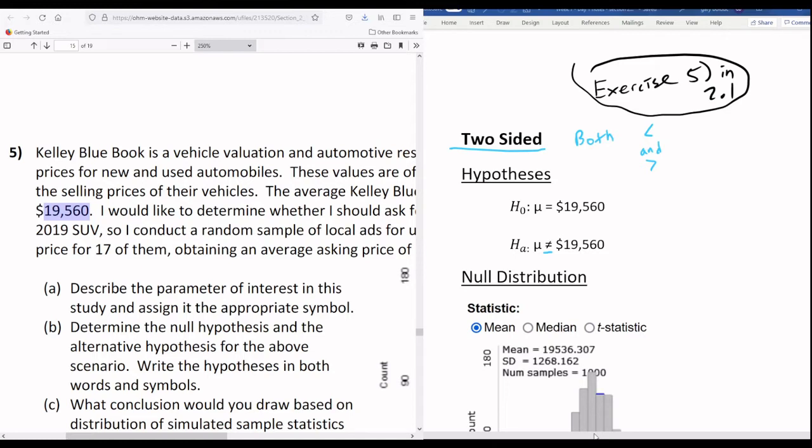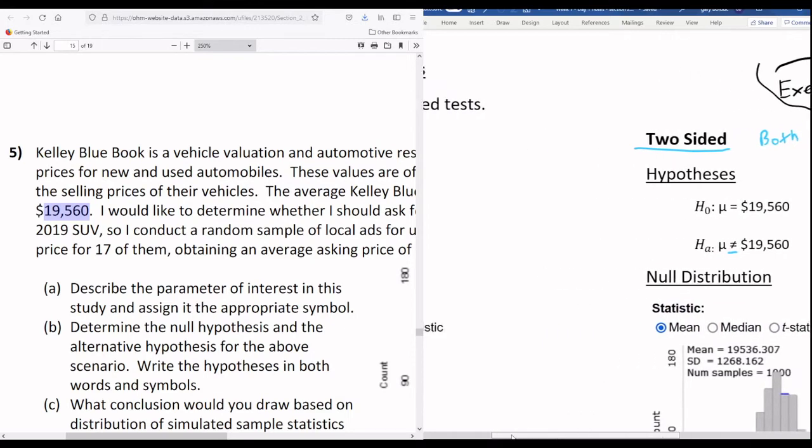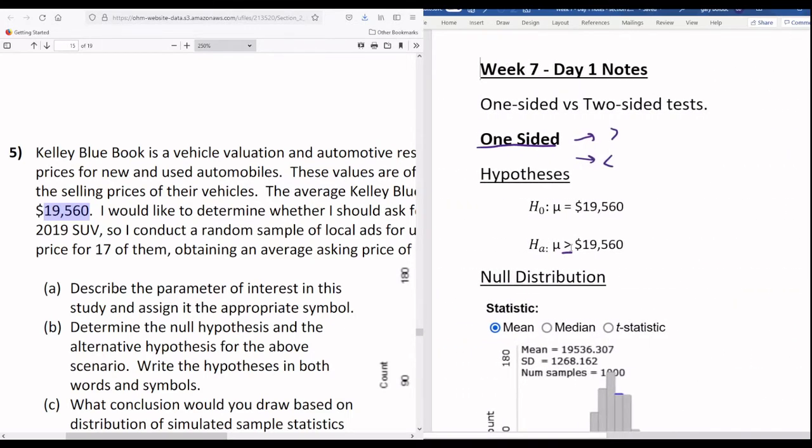That's reasonable. Well, you wouldn't want to do not equal to here. Instead, you would want to do greater than, because on average I'm in a more expensive area than the general country, so I think the car should go for more.